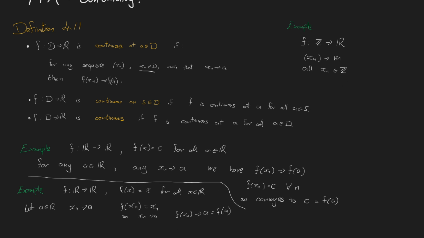So just as an exercise, show that if you take a sequence of integers which is convergent, so if you have a sequence xn converging to some integer m, so xn and indeed m are integers, then the sequence xn is eventually constant.